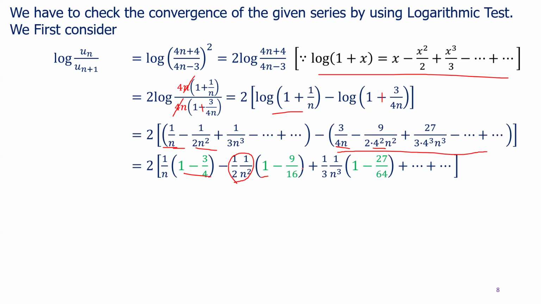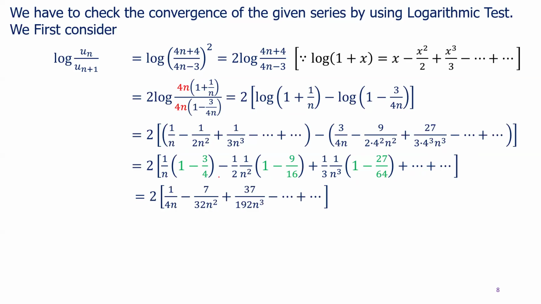Let us simplify it. 4 minus 3 is 1 upon 4, so 1 by 4n. Similarly, 1 upon 2n square times 16 minus 9 is 7 upon 32 n square. Similarly, 64 minus 27 is 37 divided by 3 into 64, which is 192 n cube, and so on.